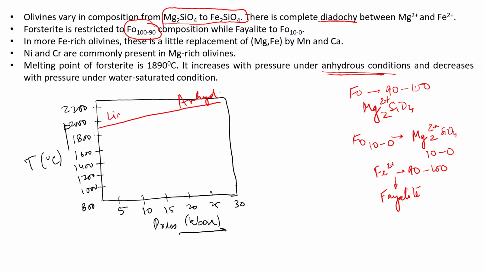This will be liquid forsterite. While it is saying it decreases with pressure under water saturated conditions. So if now we introduce water in the system, then the melting point of forsterite will decrease with pressure. So here it will be liquid plus vapor, and then forsterite plus vapor.